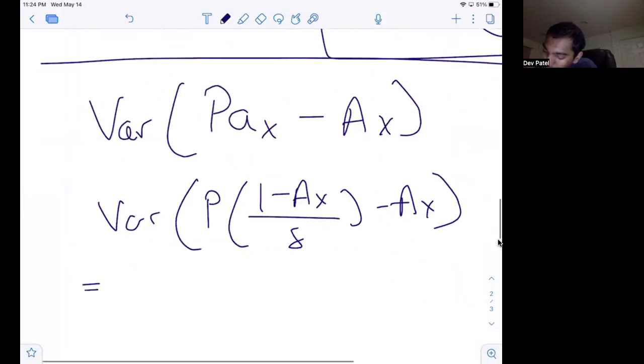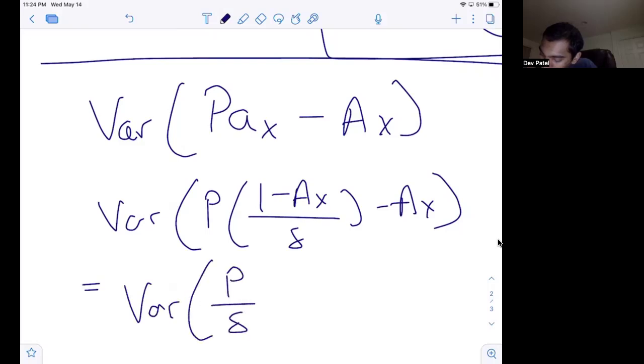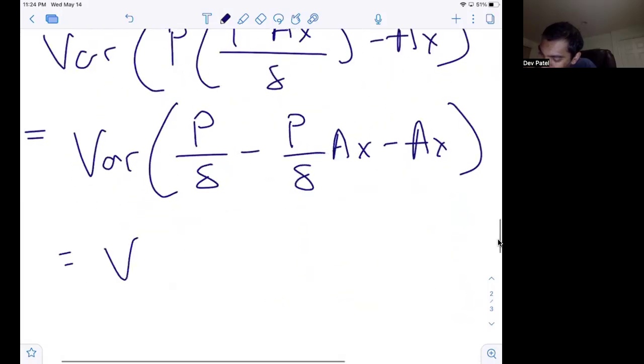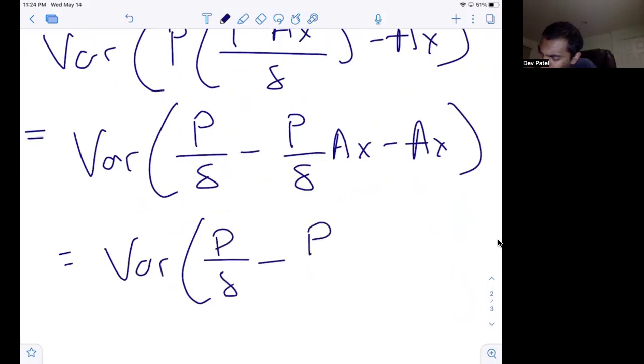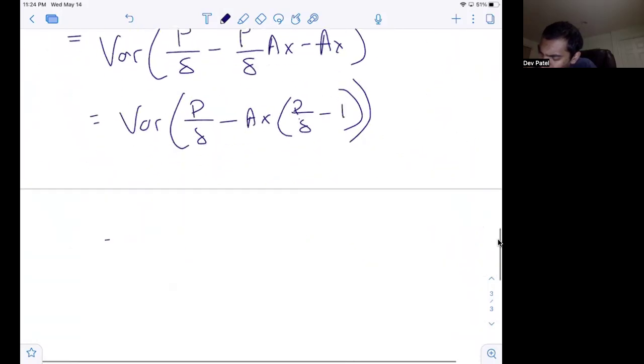And when we factor this out, what we get is the variance of P over the force of interest minus P over the force of interest times A_x minus A_x, right?